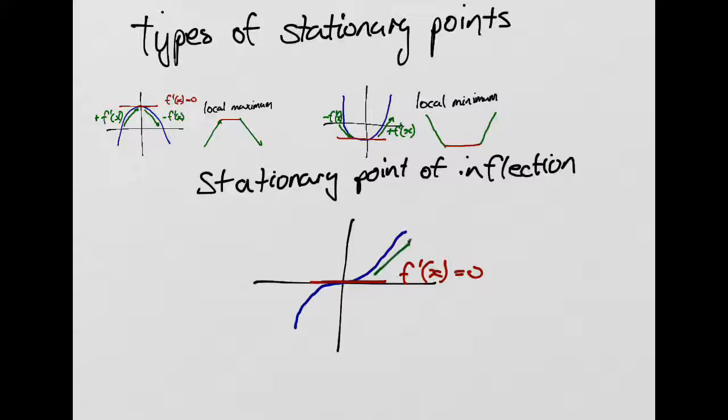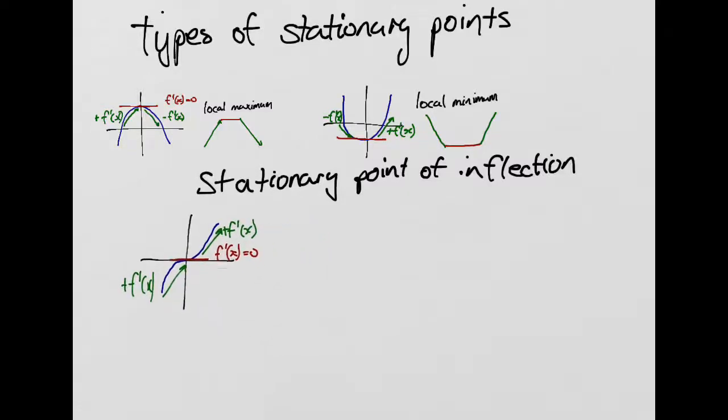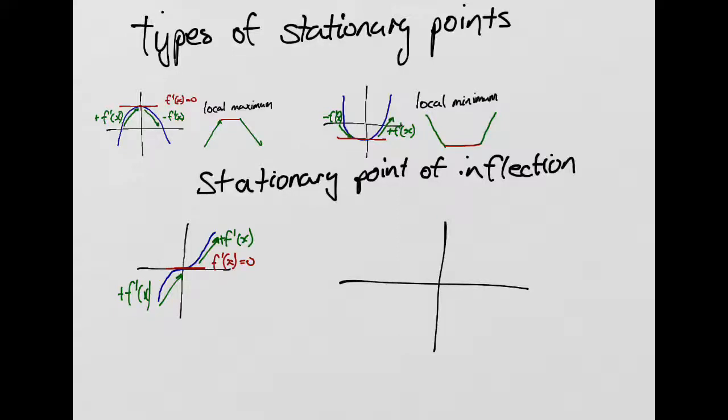So looking at that, we have a positive derivative after it and a positive derivative prior. It could also work in reverse. So if we had the reverse of that cubic, oops, not a very good cubic there, hang on.